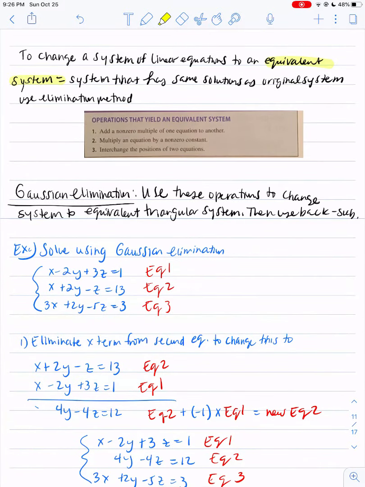In order to change a system of linear equations to an equivalent system, which is a system that has the same solutions as the original system, we use the elimination method. Operations that yield an equivalent system are: we add a non-zero multiple of one equation to another, we multiply an equation by a non-zero constant, or we interchange the positions of two equations.